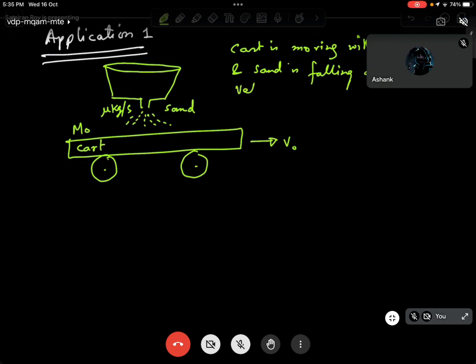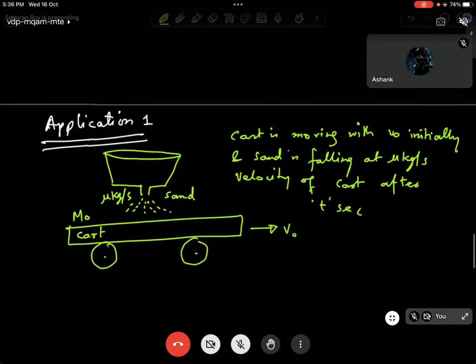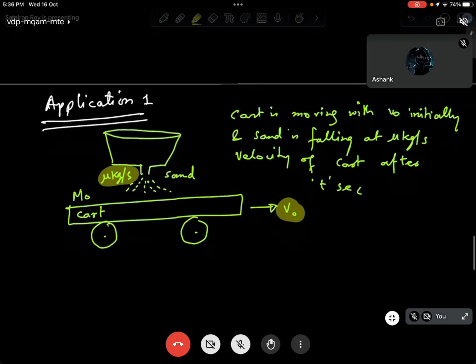You have to find the velocity of the cart after t seconds. The question is very clear. The initial velocity is v0, sand is falling at a rate of mu kg per second, and you have to find the velocity of the cart after t seconds.